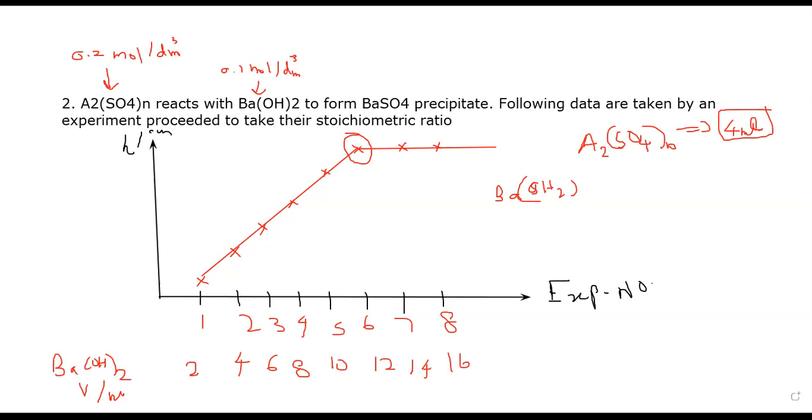Just keep 2, 3 rows for question number 2. Calculate stoichiometry.